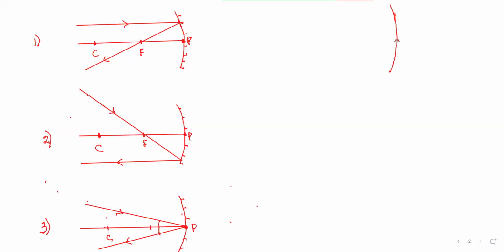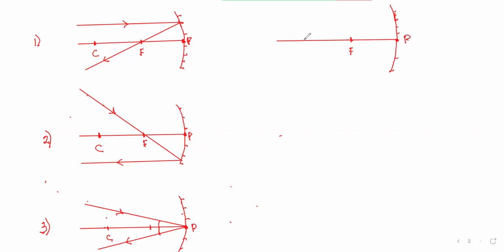Okay, so the last rule of the game. So this is how the rules actually work out for concave, or converging. F. So pole is here. And then the center of curvature. Please, when you are doing this, take measurements.